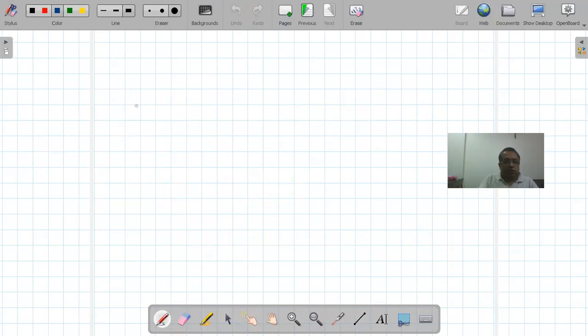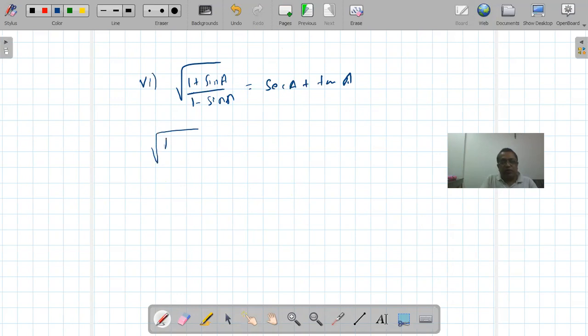The question is root of 1 plus sin A upon root of 1 minus sin A, which has to be proved equal to sec A plus tan A. So this is in roots. Now in class 9, you've done a process of rationalization.